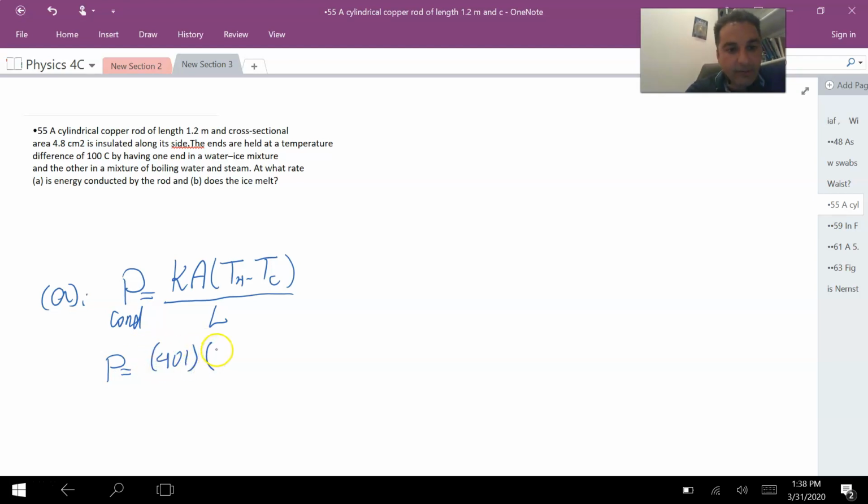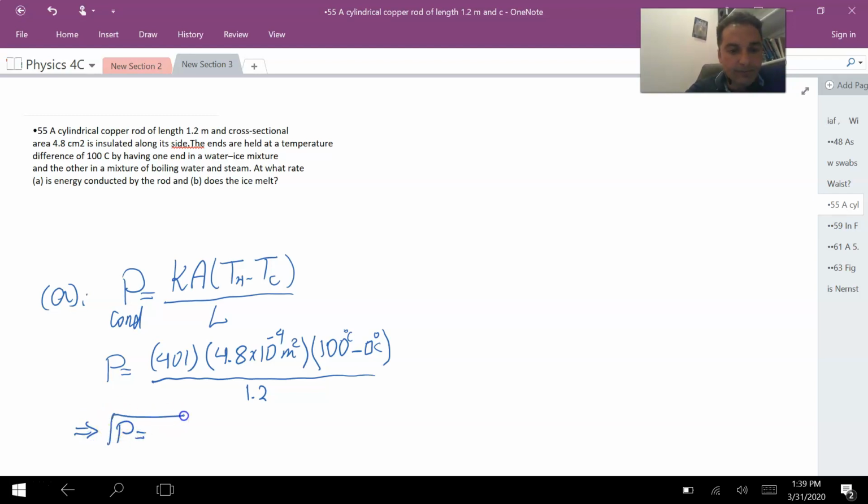Area must be converted. It's 4.8 times 10 to negative 4 meters squared. Th will be, one is boiling steam water, 100. The other one is ice, 0 degrees Celsius. This is degrees Celsius. And then divided by L, which is 1.2.